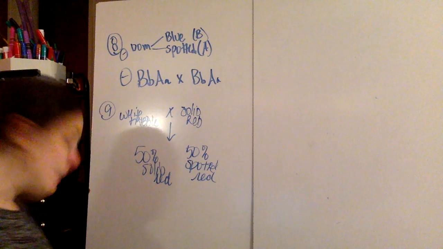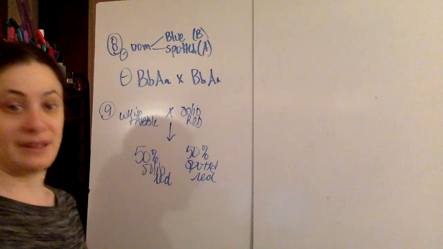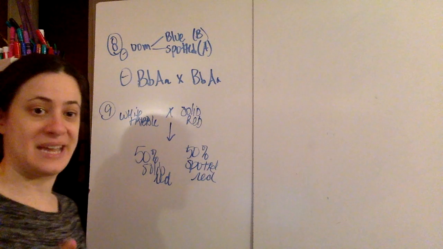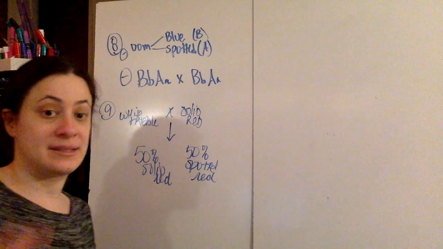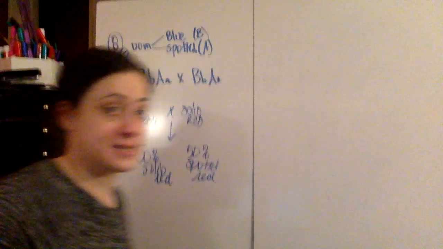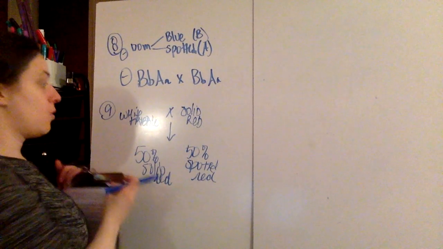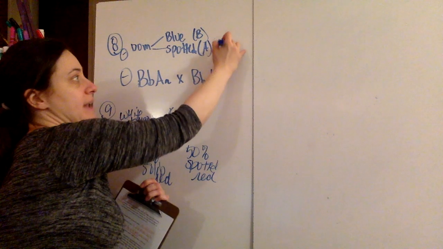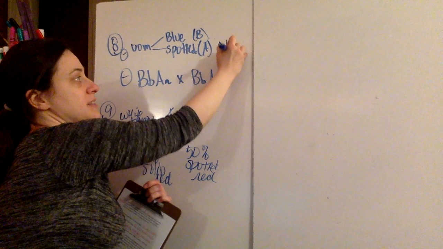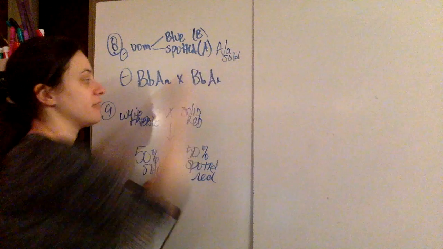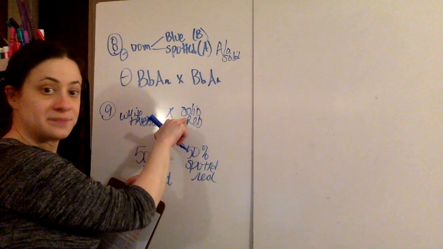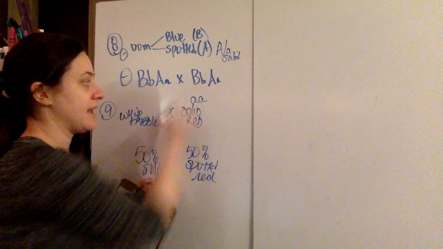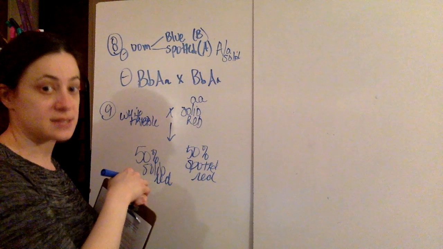Well, the key point here is that there were no mutations, so the spotted allele was already there. Solid is recessive, right? Spotted is capital A, but solid is recessive. So if this was solid red, we know that's lowercase a because it's solid.